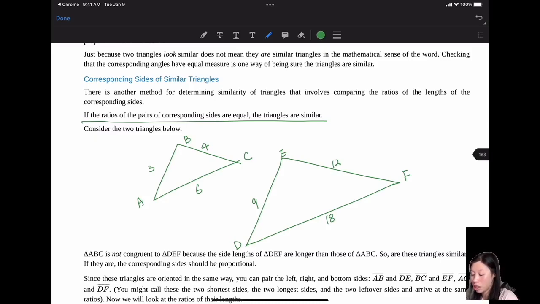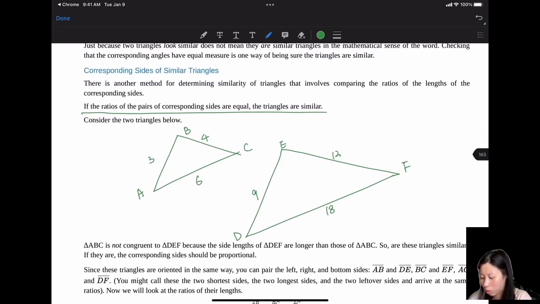So now, if the ratios are the same, we can say, hey, these two are similar. So now take a look. Side AB over side ED equals 3/9, which is 1/3.